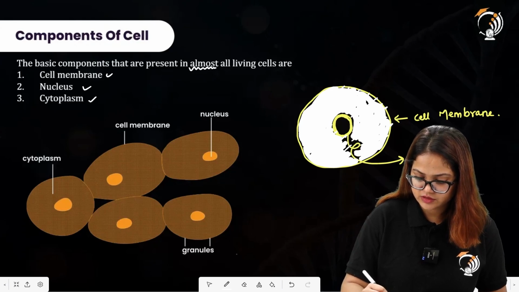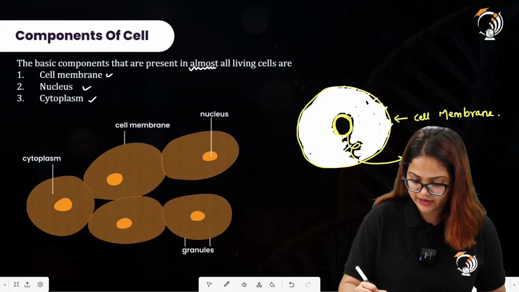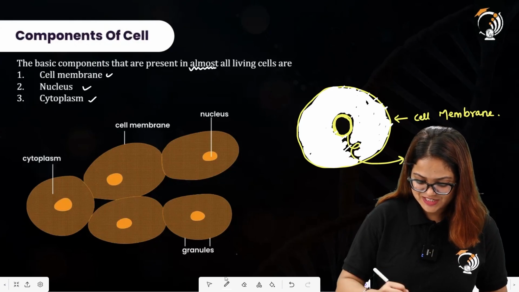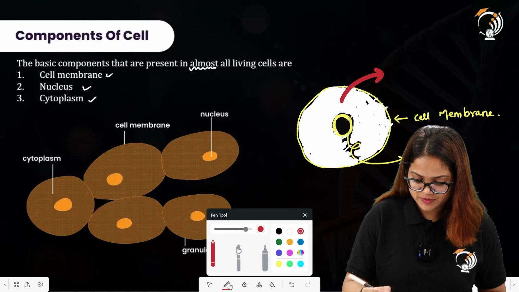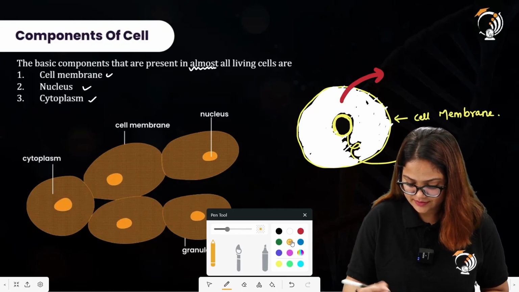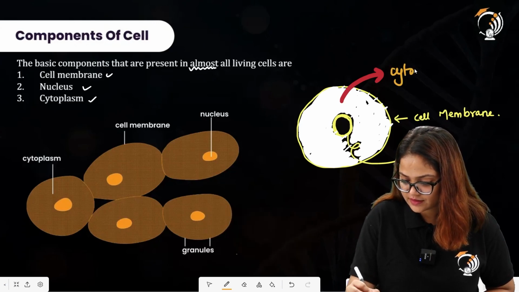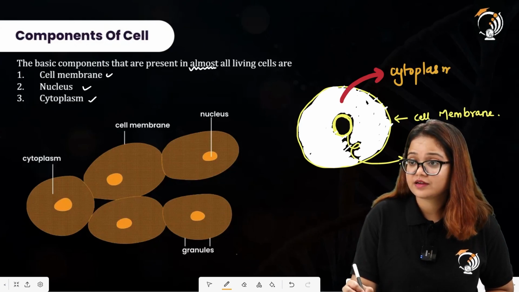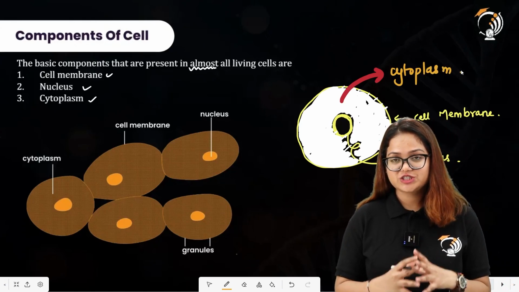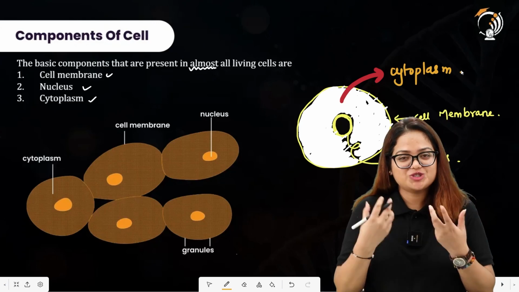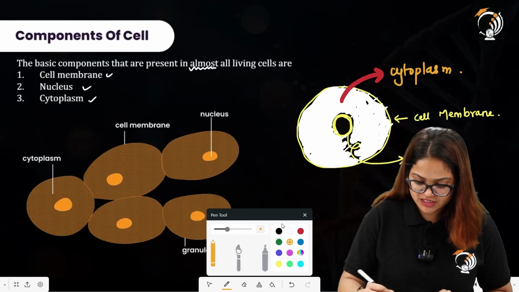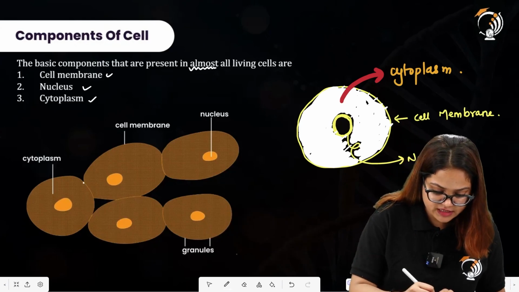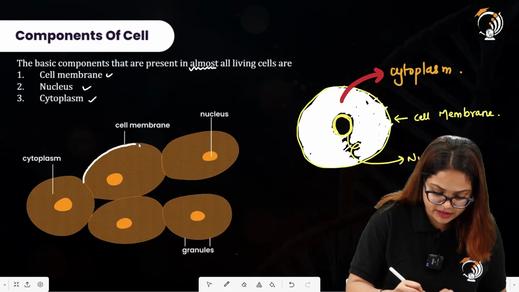We have just started to become an artist. So here we have the cytoplasm. These are the structures which will be present in almost all types of living cells. We have the diagrammatic representation. There is this first boundary, which is the cell membrane.